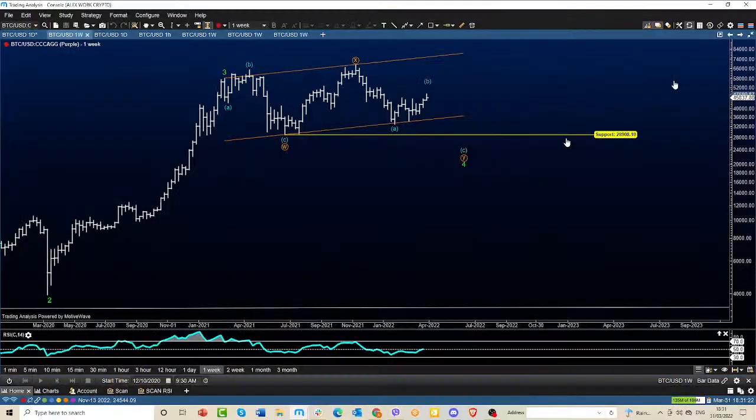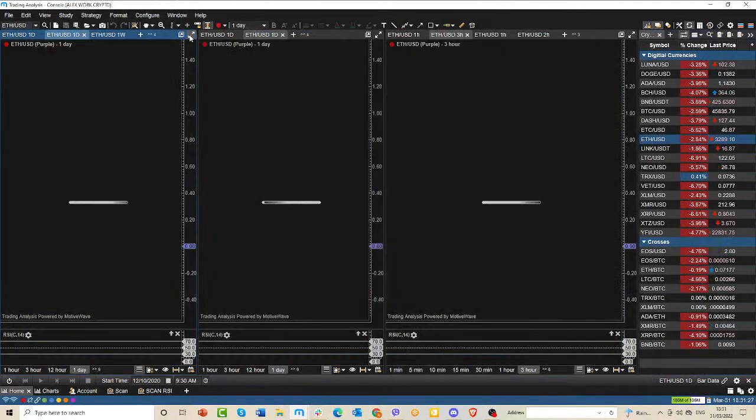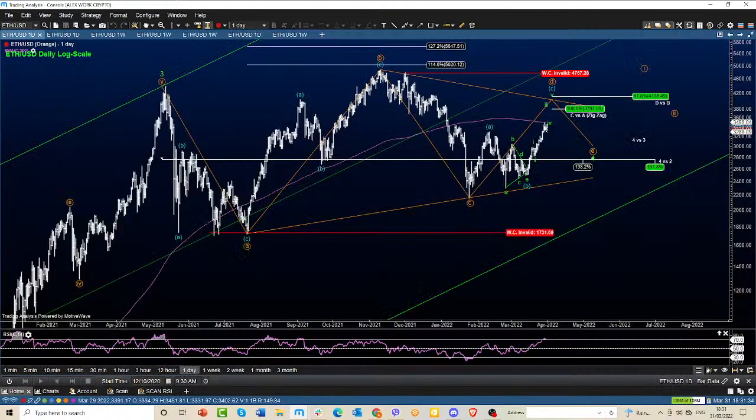So pretty much the same picture on Ethereum. If you look at the overall chart, I still think it is a triangle. As we are looking at in Bitcoin, we are also testing and backing off the 200 moving average on daily, as you can see here.